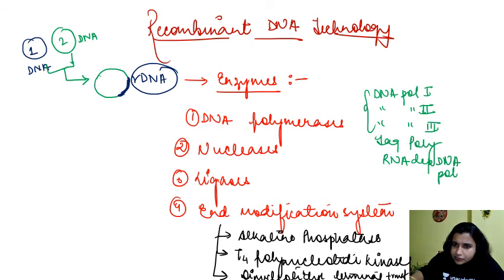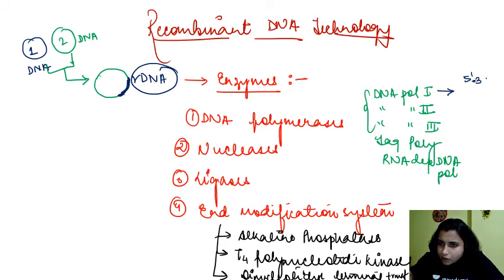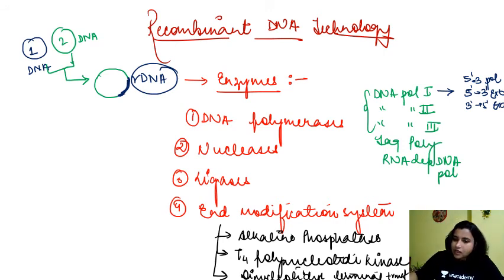DNA polymerase 1 basically has 5' to 3' polymerase, 5' to 3' exonuclease, and 3' to 5' exonuclease activity, right? DNA polymerase 2 helps DNA polymerase 1.